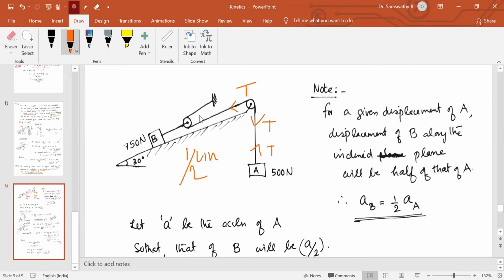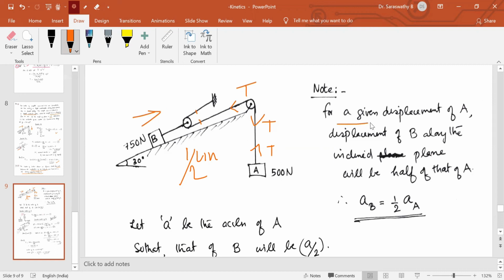Because there are two ropes attached to it. If this has to move down by 1 centimeter, each of these ropes has to undergo half a centimeter displacement, so that totally it will become 1 centimeter. So the motion of this block will be only half of that of A.